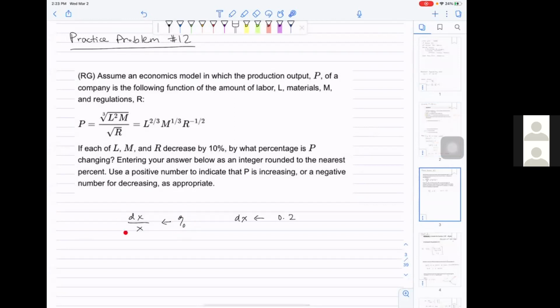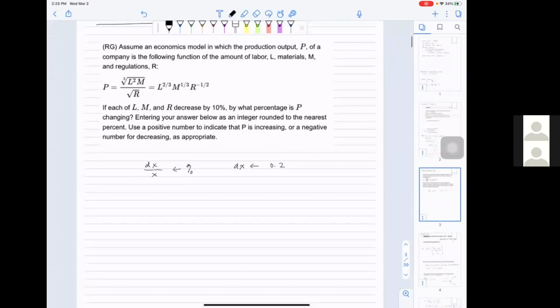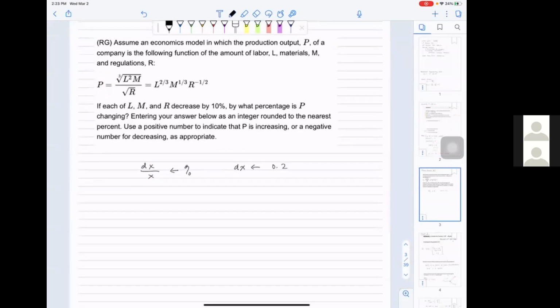So if it's a percent, you want something of this form. We're going to need to find dp, no matter what, and dp is the partial of p with respect to L dL, plus the partial with respect to m dm, plus the partial with respect to r dr.